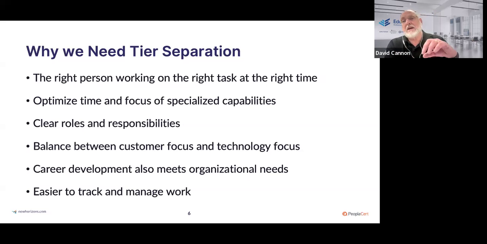And tiering has developed and evolved into a much more sophisticated way of working, where we can actually balance in real time between the demand that's being placed by technical activities and the requirements that our customers are expecting from us. The other cool thing about tiering is it gives us a career path.